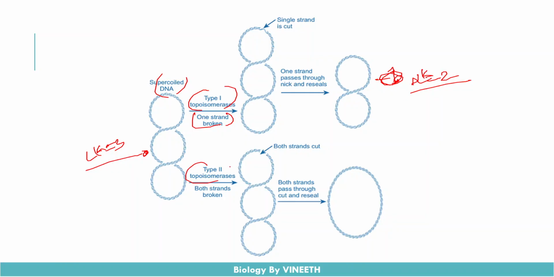And if a type 2 topoisomerase acts on the supercoiled DNA, the linking number is changed in increments of 2. That means the change in the linking number will be 3 minus 2, so the change in the Lk will be 1.